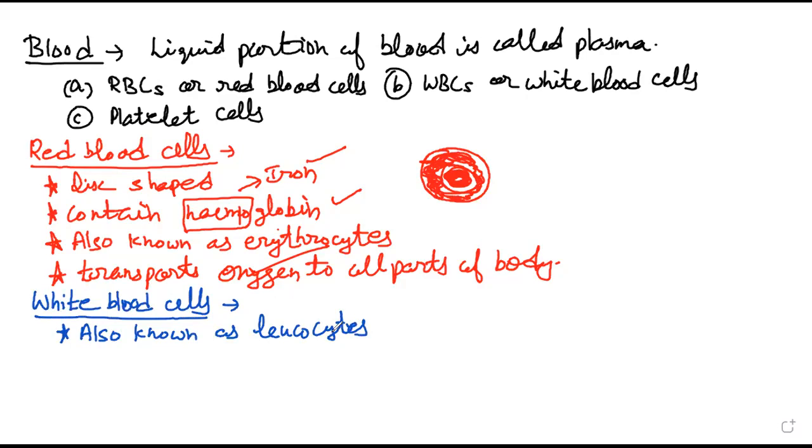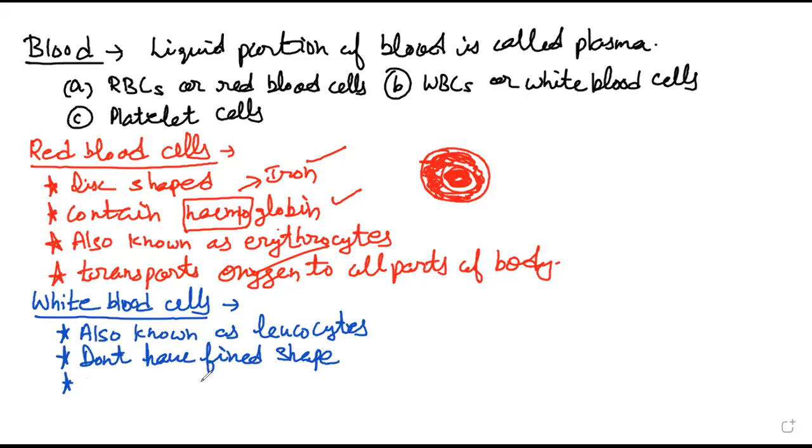They do not have a fixed shape, right? Very important. And they help the body to fight against infection by destroying disease-causing microorganisms. They are also known as the soldiers of the body because they fight infections. They are larger in size than RBC.